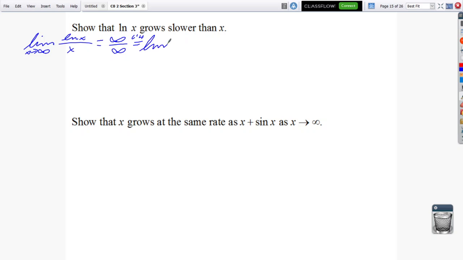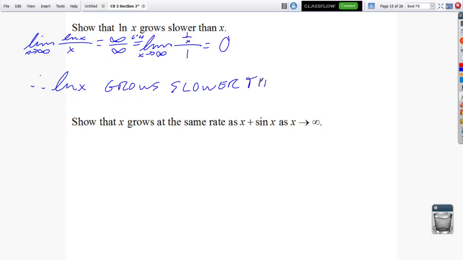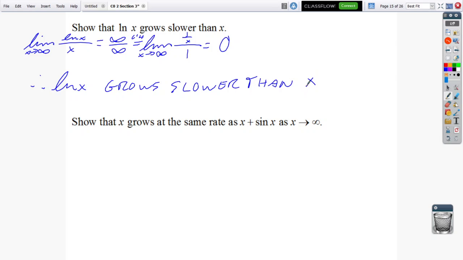So we're going to have limit as x approaches infinity of 1 over x divided by 1, which last time I checked, 1 divided by infinity is 0. 0 divided by 1 is still 0. Forgot what function I was comparing it to. Grows slower than x.